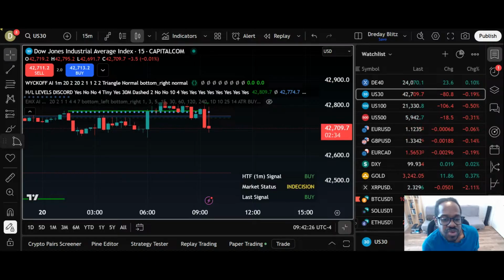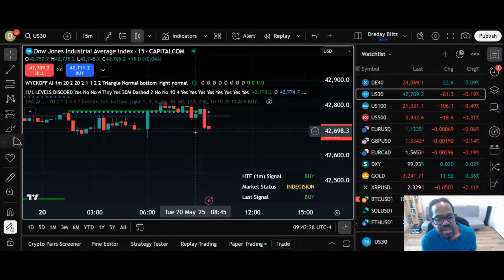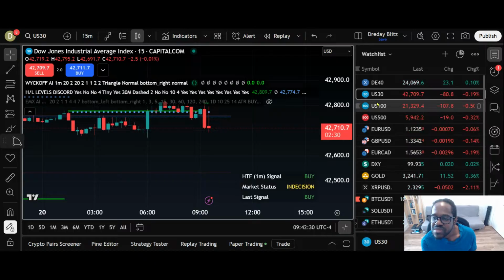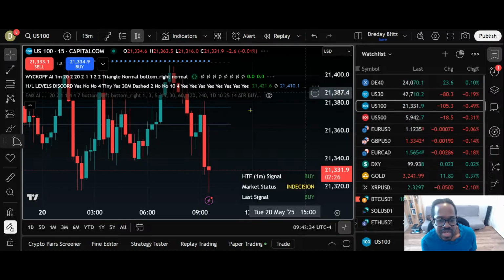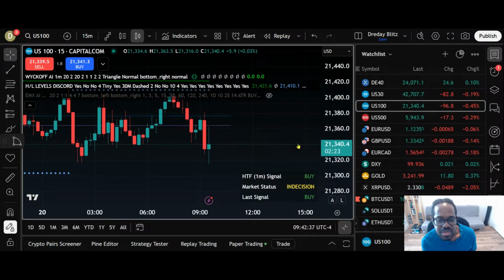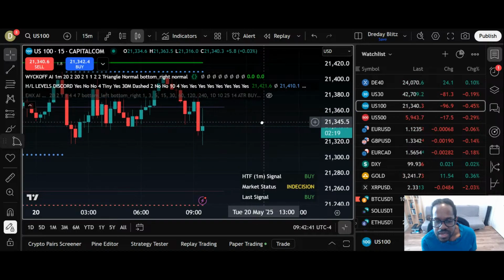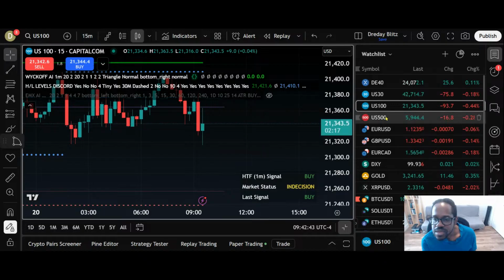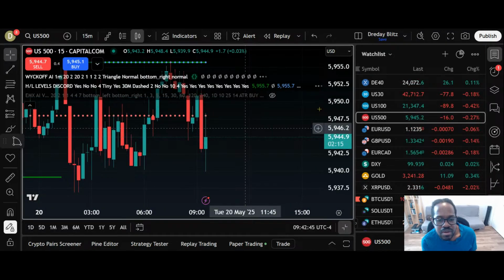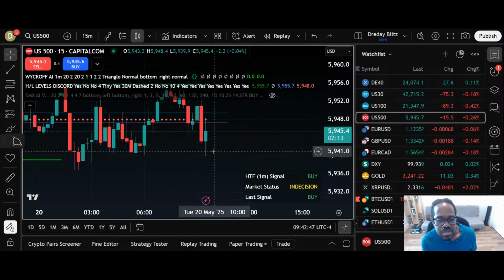So less than 3 minutes left for that 50-minute candle to close on US 30. So we're still within the indecision status on the indices for now. That means that we're sitting on our hands and we don't do anything. And as you can see, the market just manipulated here on the first 50 minutes of the market open.